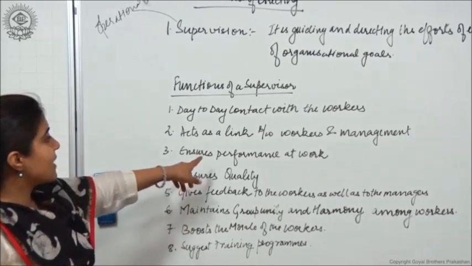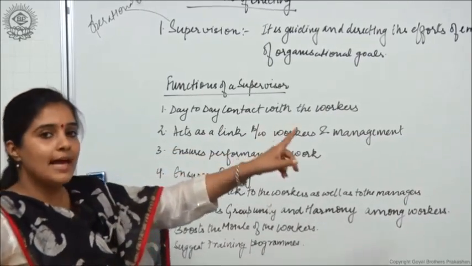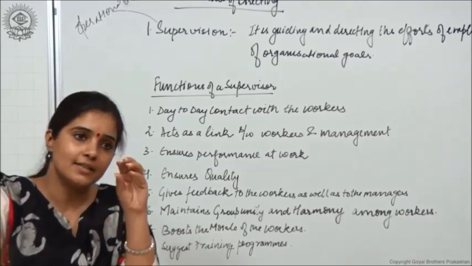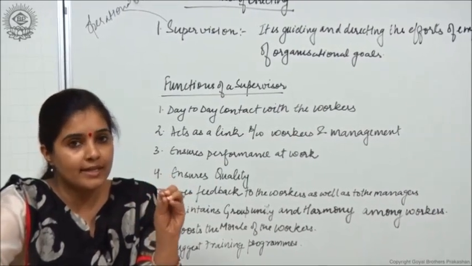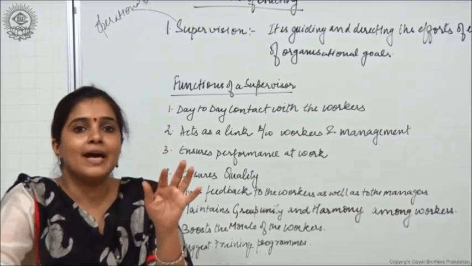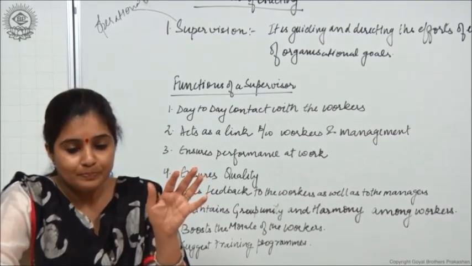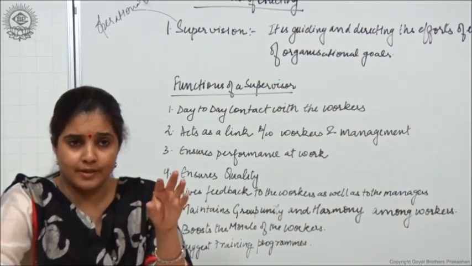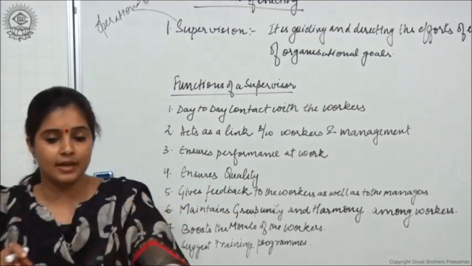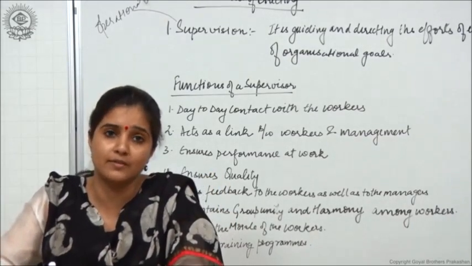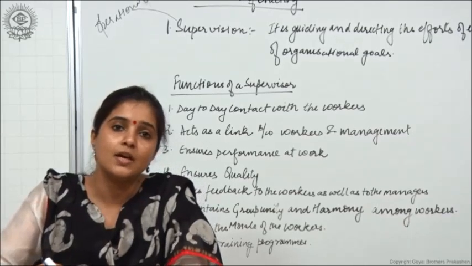Secondly, he acts as a link between the workers and the management. He is the only one who comes in direct contact with the workers, right? So he translates the objectives and the plans and the policies which have been designed by the management, right? He translates all those in the form of objectives and further communicates those objectives or plans and policies of the management to the workers.